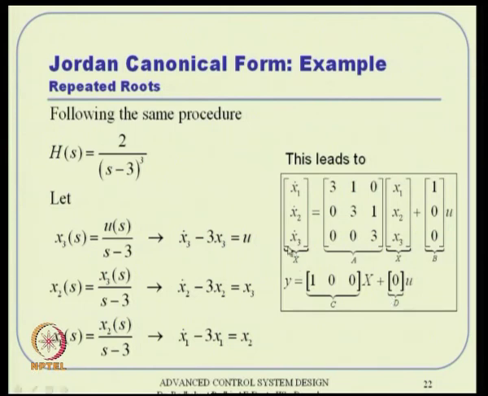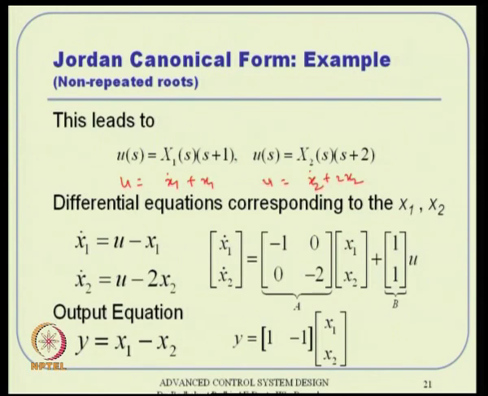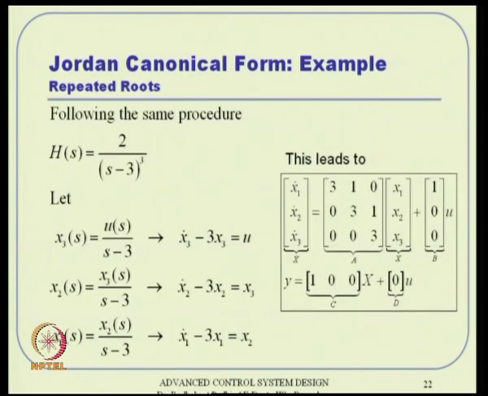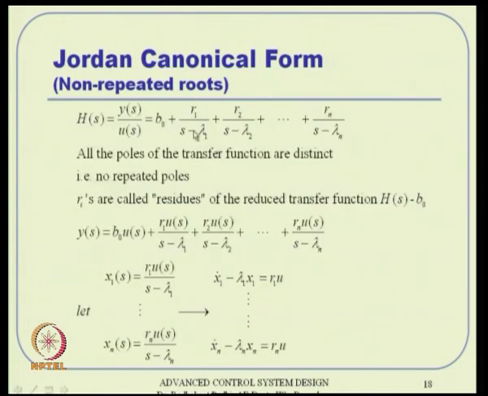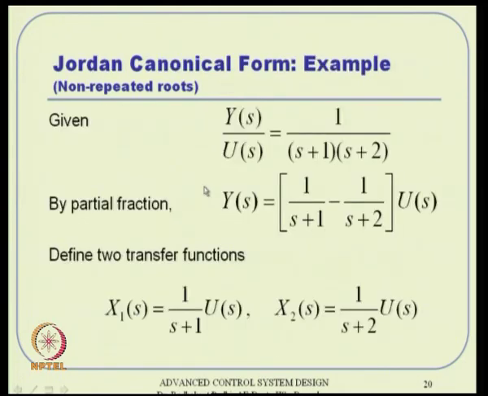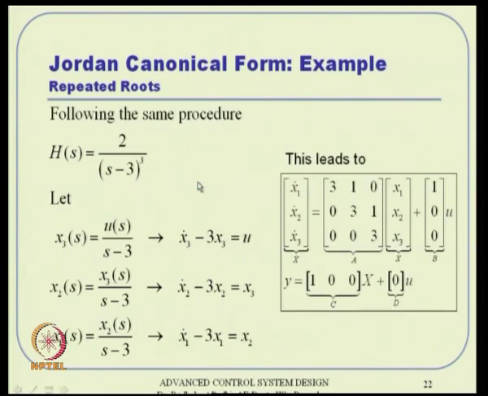So, this is what we do for repeated roots. It is possible to get a Jordan form whether you have a non repeated root, which is how we started, or a repeated root. And these Jordan canonical forms have some nice characteristics.